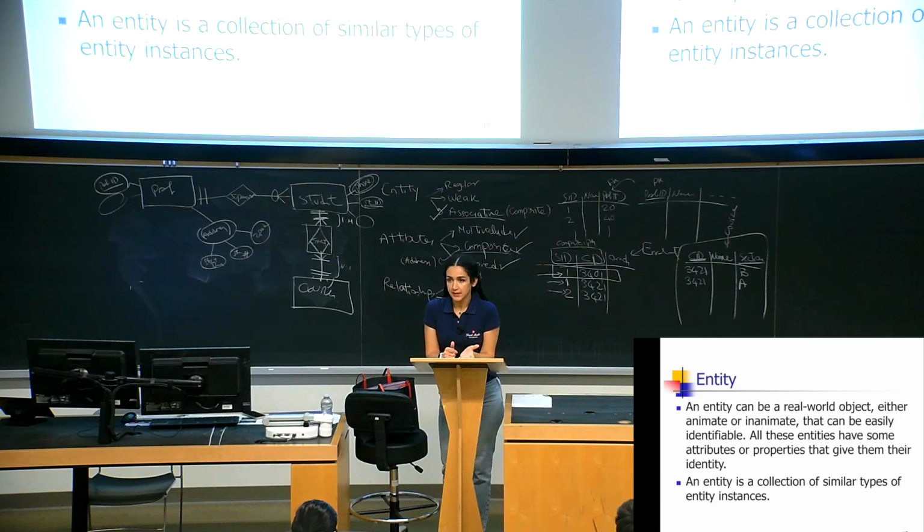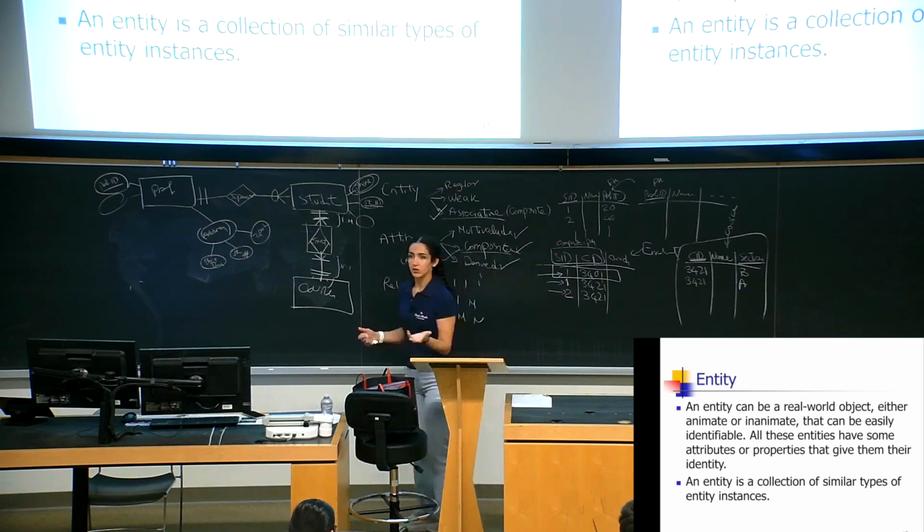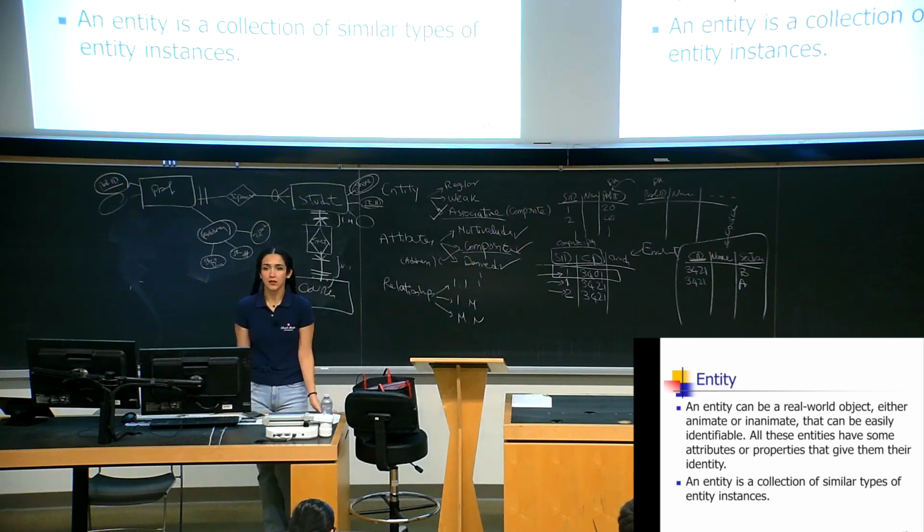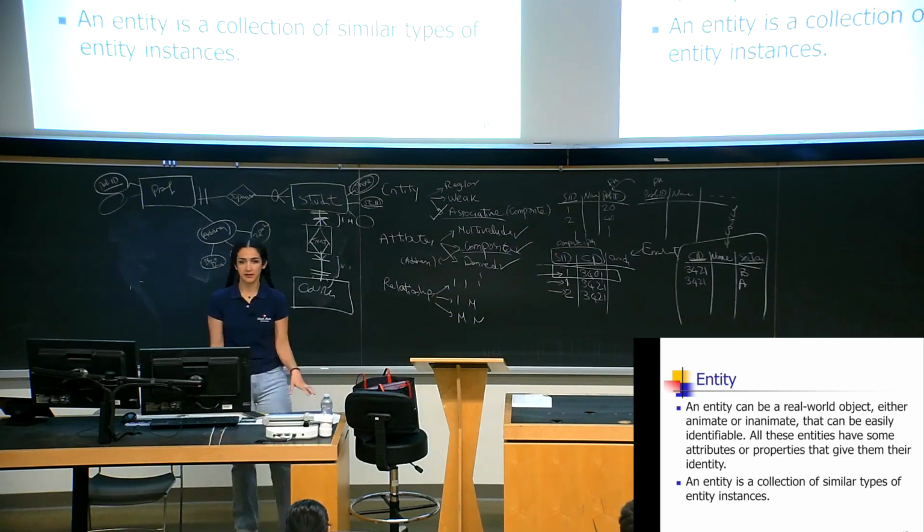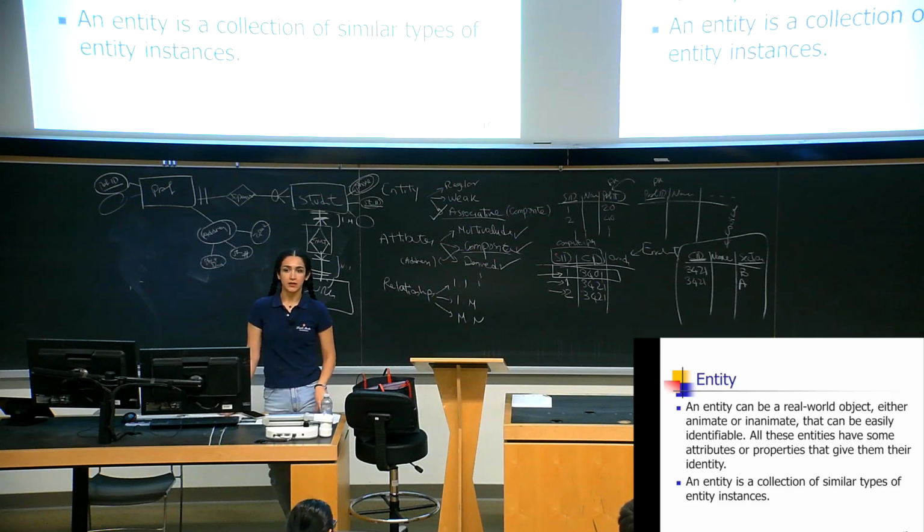But in this case, if I say section B, it doesn't have any meaning, right? If I tell you, for example, course 3421, you can tell me this is the database course. If I tell you the student's number, you can tell me which student it is, right? But telling section B for itself doesn't have any meaning, right? And in order to complete its meaning or its existence, it depends on another entity, which is course.